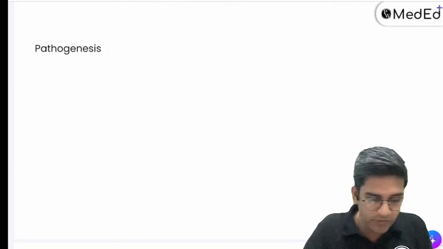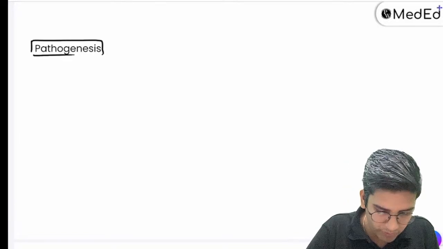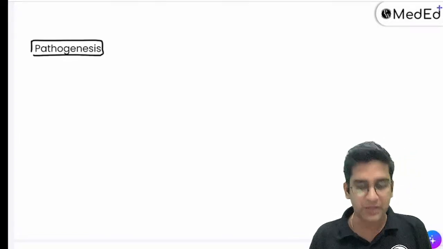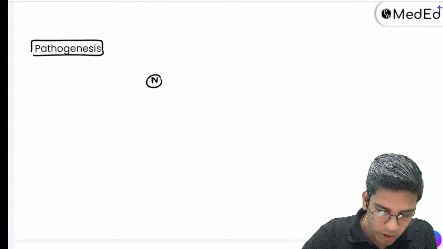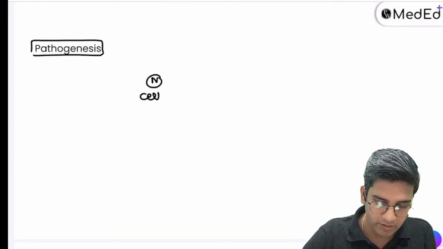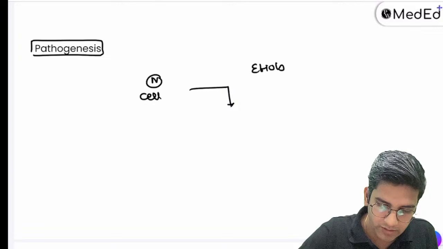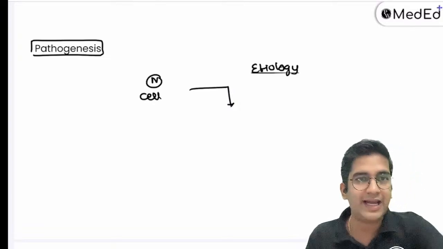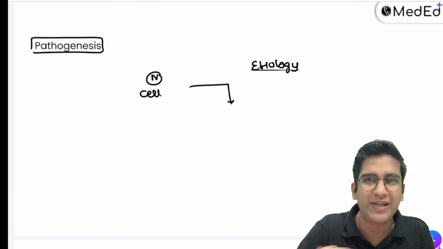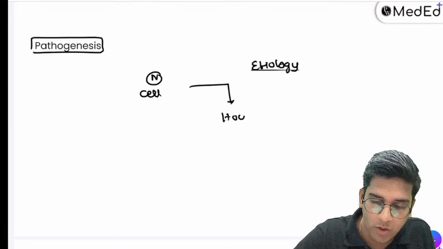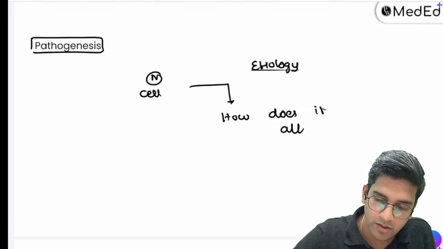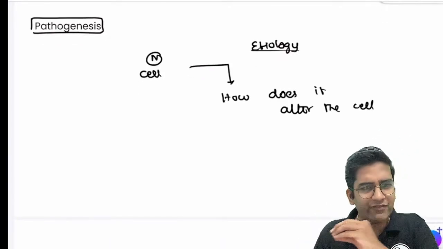Okay. This is where our entire life is going to wind around. Pathogenesis. I have a normal cell. There is some etiology. I have an etiology in a normal cell. The only question is, how does it alter the cell? That is my pathogenesis. I'm telling it in very simple terms.